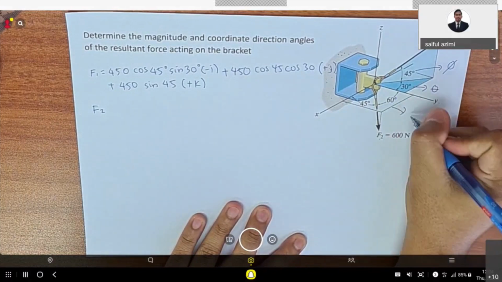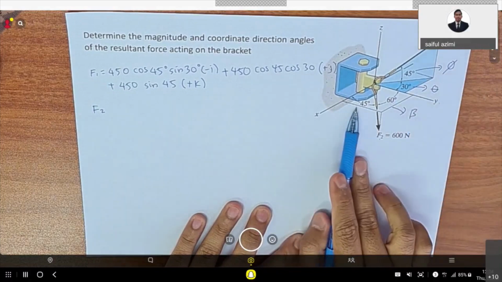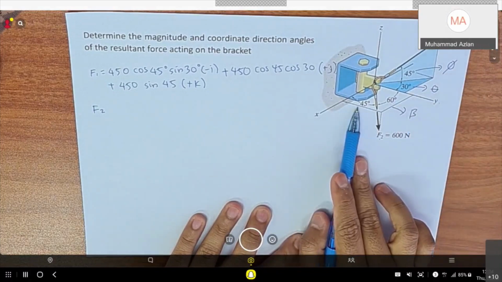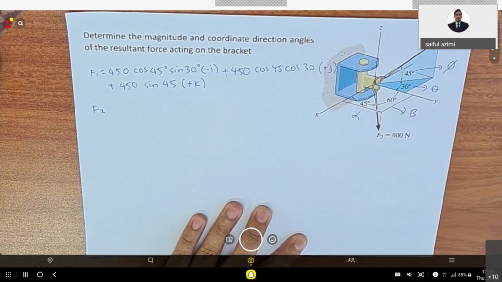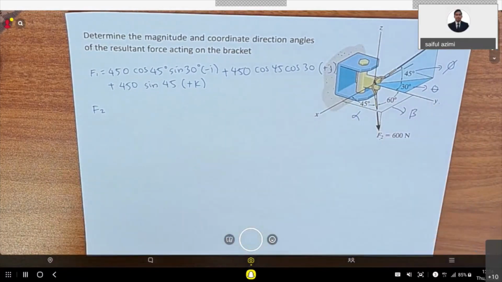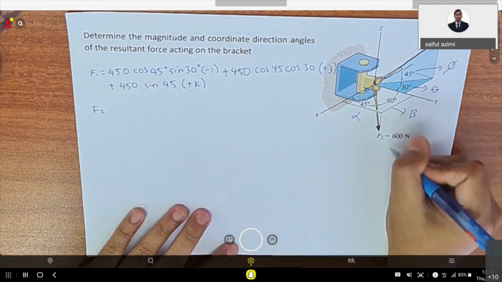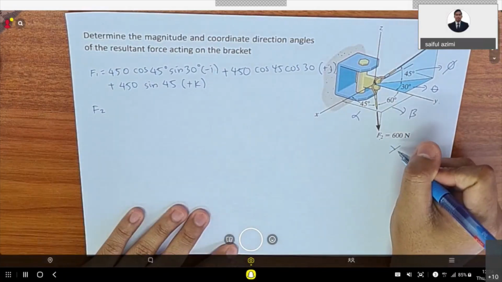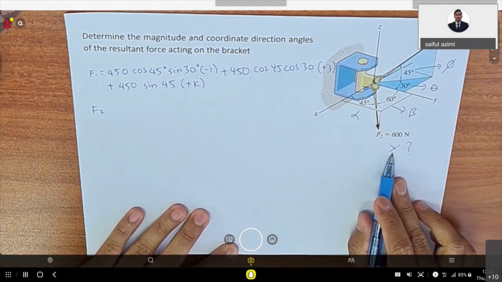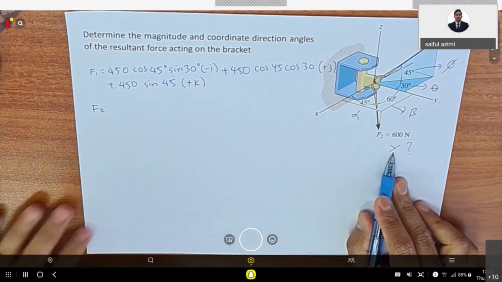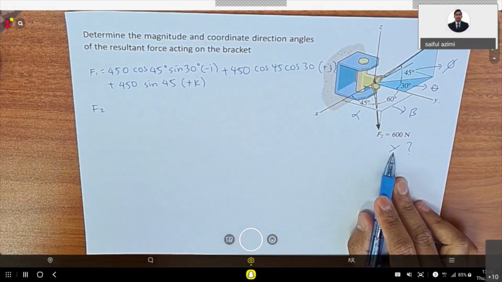Okay, this is beta. 45 represents what? Alpha. So we don't have what? Gamma. Okay, so we don't have gamma. How do we want to find gamma? We use the cosine formula.